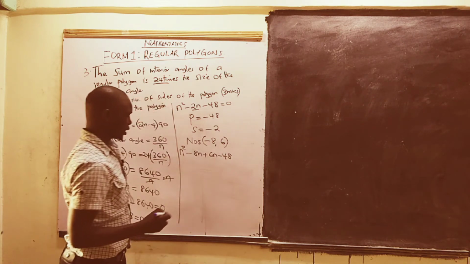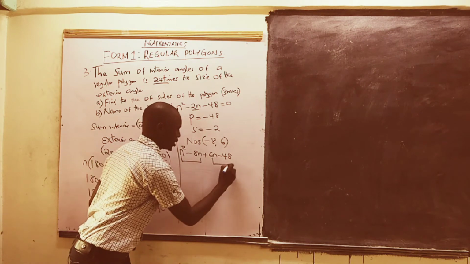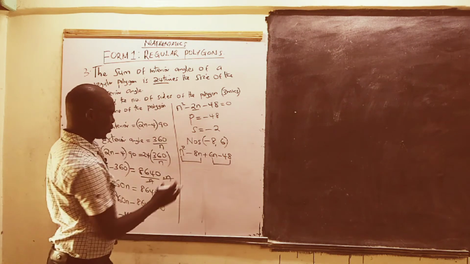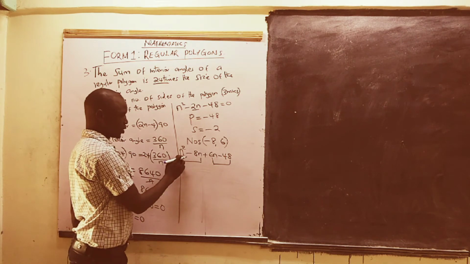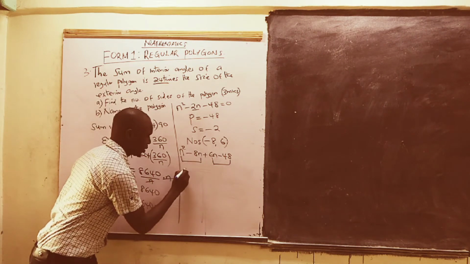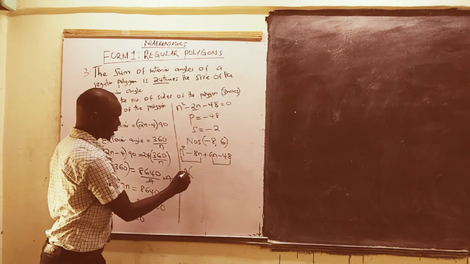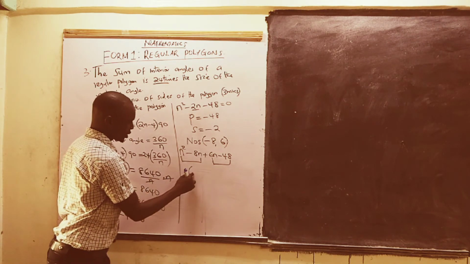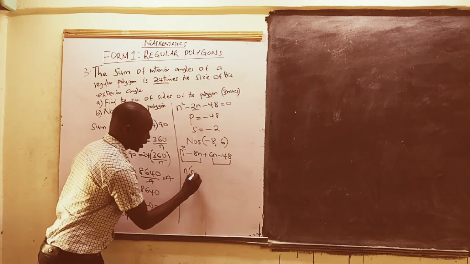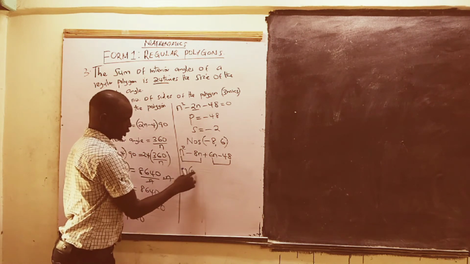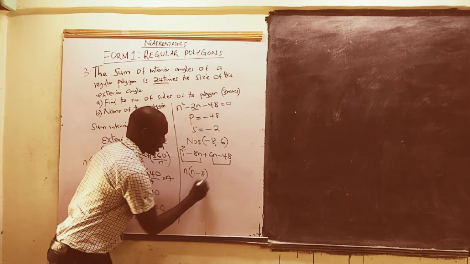From this point here, we can factorize this in pairs. So if we pick this first pair here, we look at what is common between n squared and 8n, and we can see n is common. So if we take n times something here, it will give us n squared, and therefore it is n. Then the number we put here times n to give us minus 8n is going to be equal to minus 8.